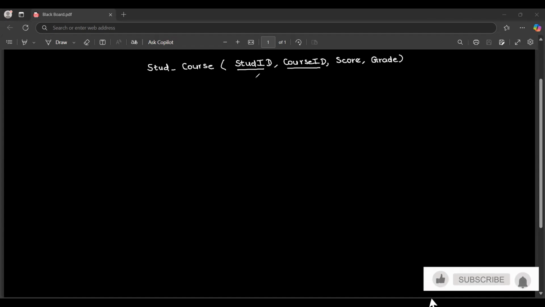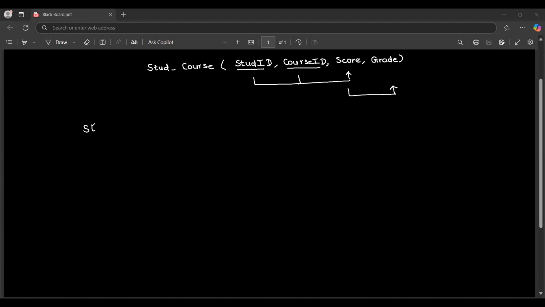The problem was these two functionally determine score, but score functionally determines grade. So I'm going to break this into two relations. I identified the non-prime attributes. These are the problems. So I'll eliminate grade into a new relation with score. So in student course, I'll have student ID, course ID, and score.